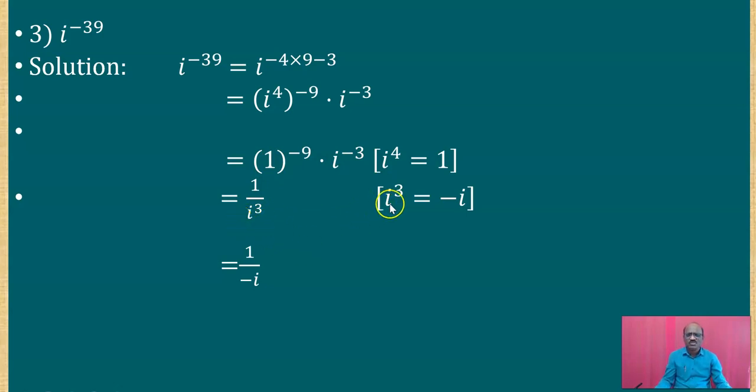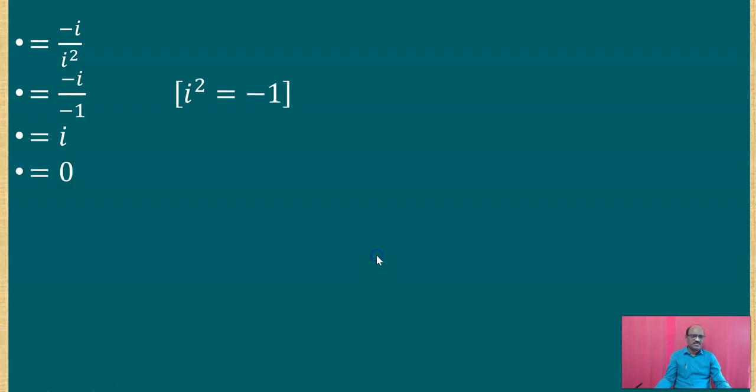But again i cube is minus i. Therefore it is 1 upon minus i. Again we will multiply numerator and denominator by i. Here i into i square, i square is minus 1, and this minus 1 will become plus. Overall you will get i. Therefore we can express this as 0 plus i, that is equal to a plus ib.